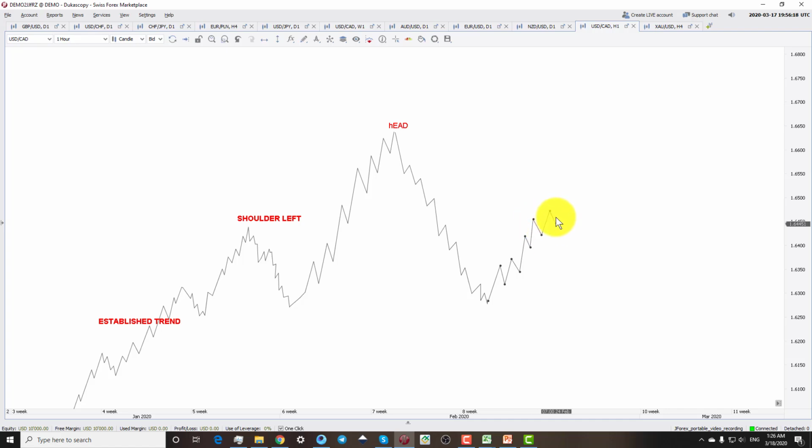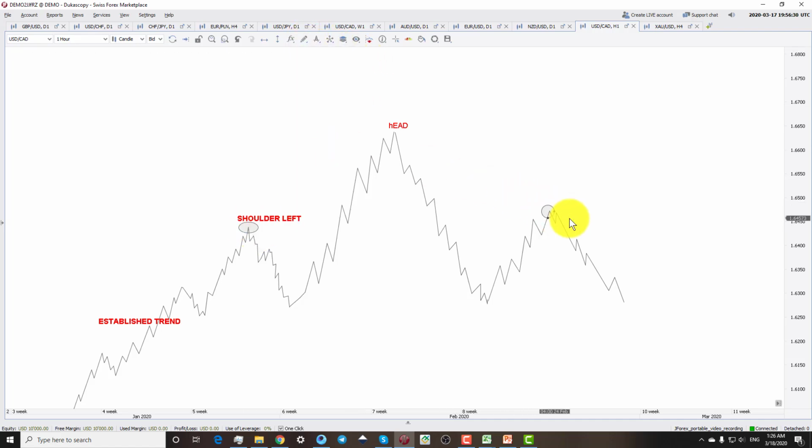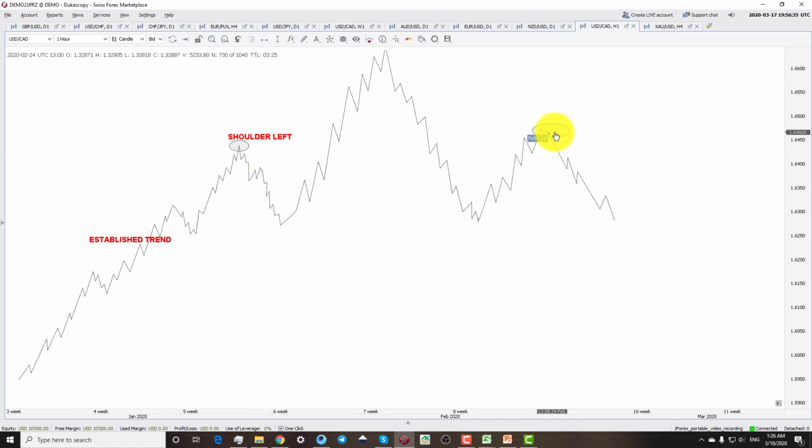Now in the textbook, I will say that both of these shoulders should be of approximately the same value, the same height, but in the real market they tend to be higher and lower, and these lines in the textbook should be at the same levels.